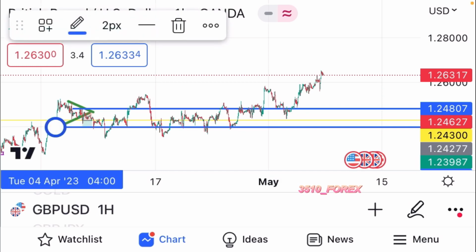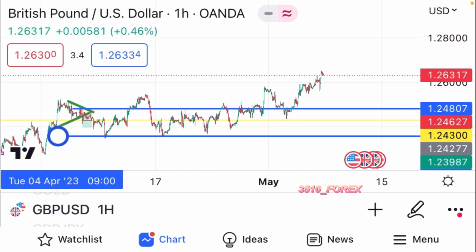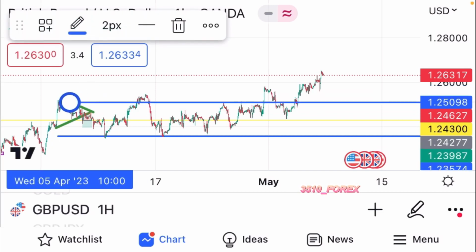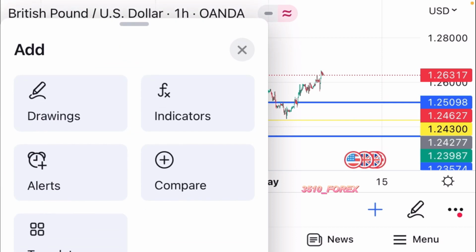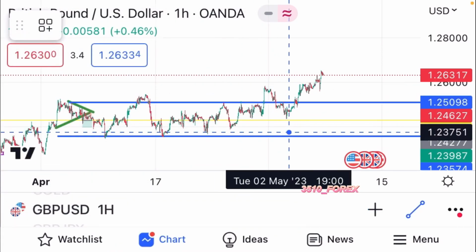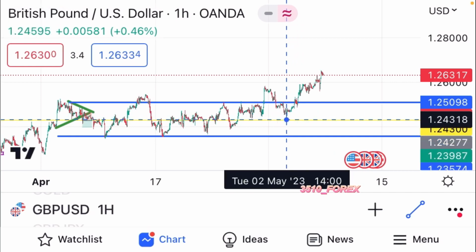So GBPUSD was busy consolidating between these two prices right here, and it did break out. Let me highlight where it broke out. It broke out from right here.